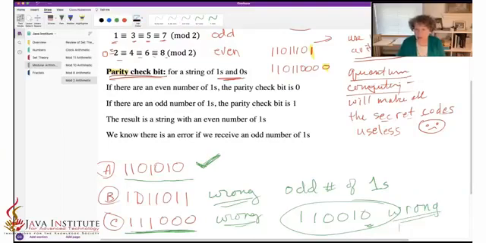Okay, let me be clear, I'm not sure I was completely clear. This is a string of numbers that you send me.